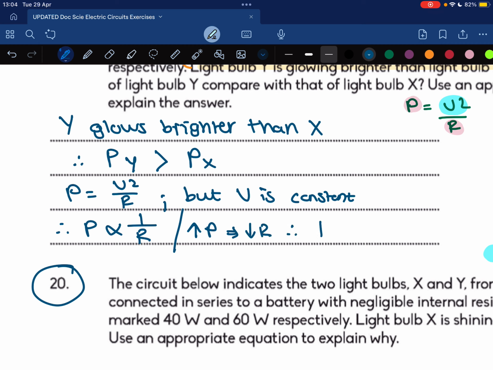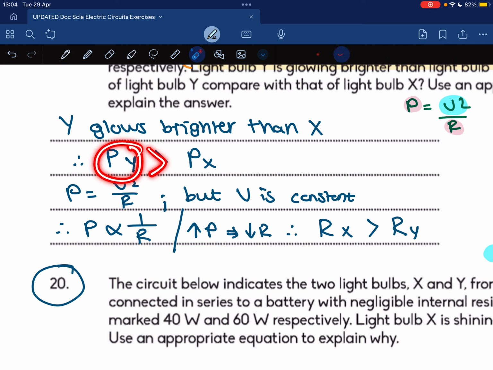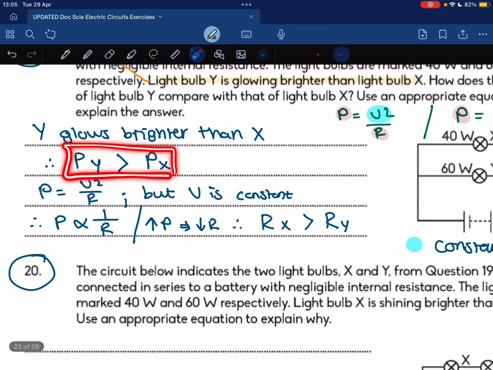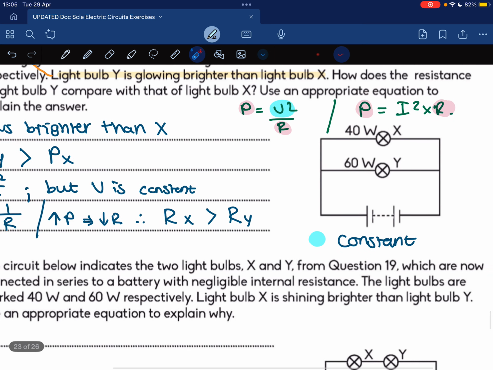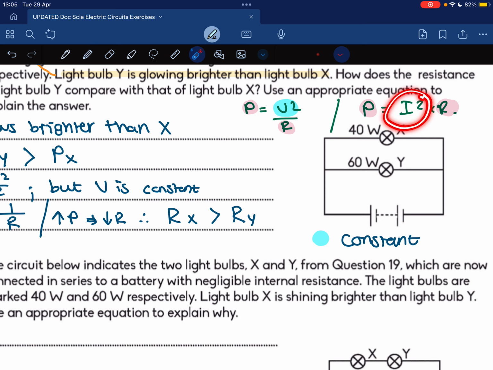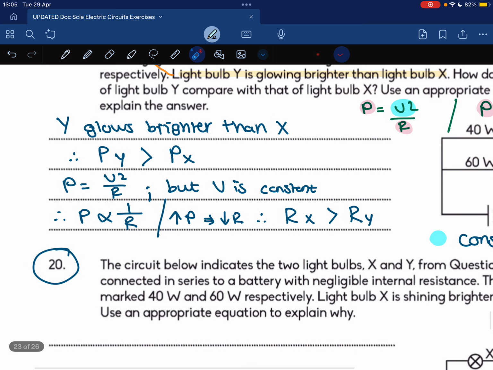So therefore, the resistance of X is going to be greater than the resistance of Y. And that is because the power of Y is more, so the resistance of Y must be less because of this relationship. Just to reiterate, we established that the power of Y is greater than the power of X. Then we look at our two equations that compare power and resistance, and I try and find a constant. I is not constant, so I have to use this equation. That's why I use that equation. Now, if this is constant, I ignore it.